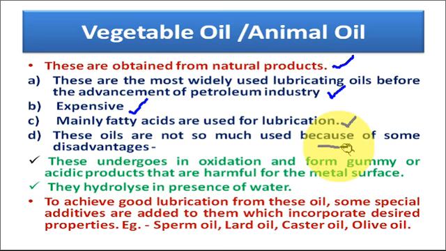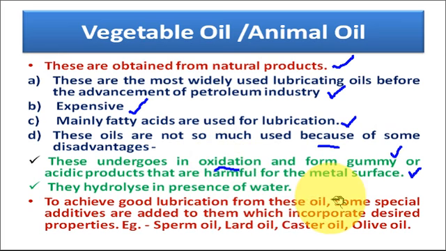The main disadvantages with the vegetable oil or animal oil are, first, these undergo oxidation and form gummy or acidic products that are harmful for the metal surface. So these readily react with the surrounding oxygen and form the gummy or the acidic products, which may cause harm to the metal surface.